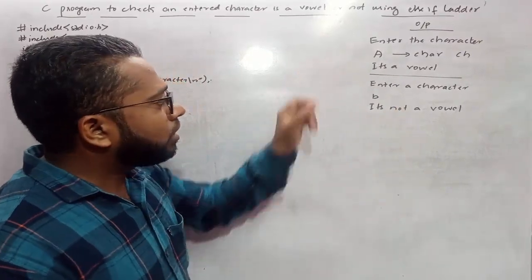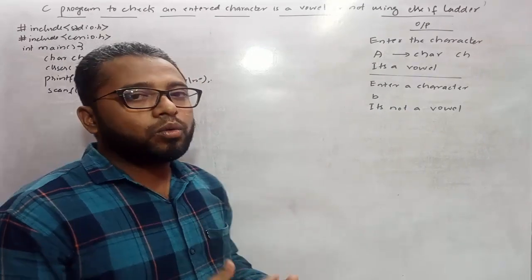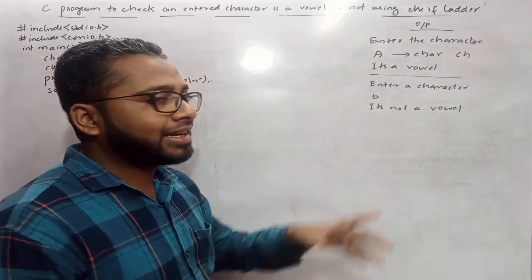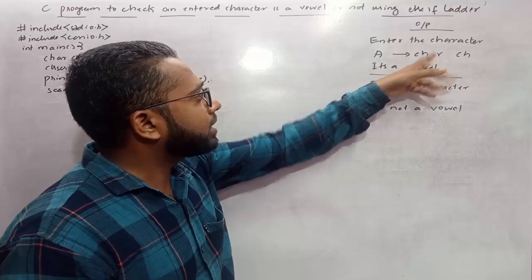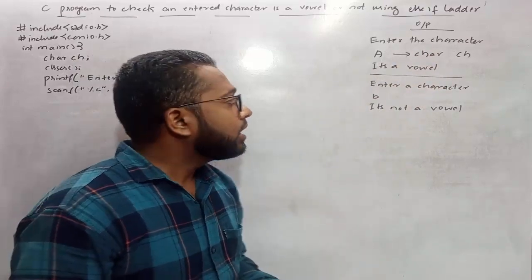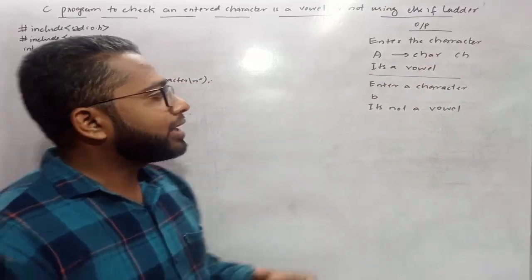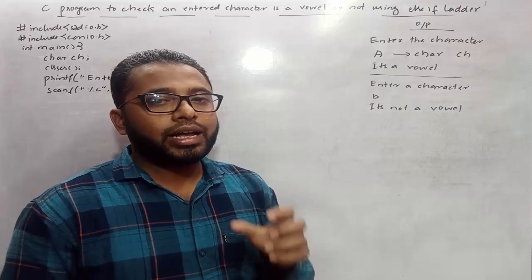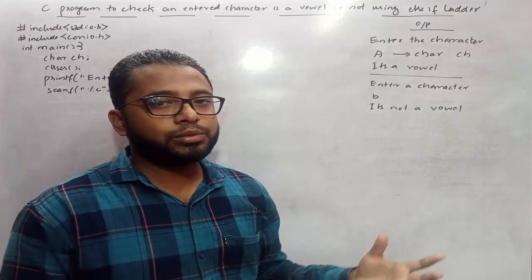For this program, you require one variable of type character. That's why I have mentioned here char ch. As I have told you, I will be using the else if ladder statement to write this program.